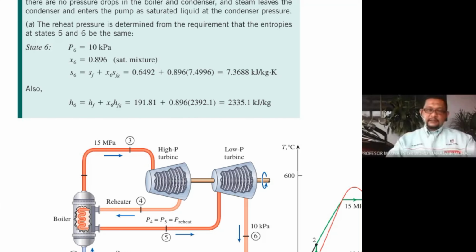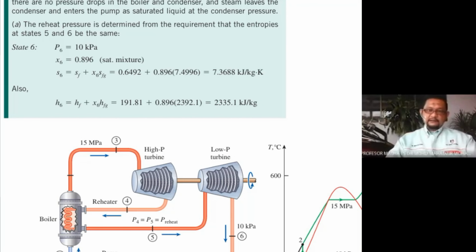So we take 100 minus 10.4%, and we get 89.6%, divided by 100, so you get 0.896.